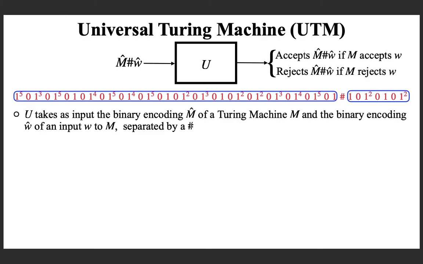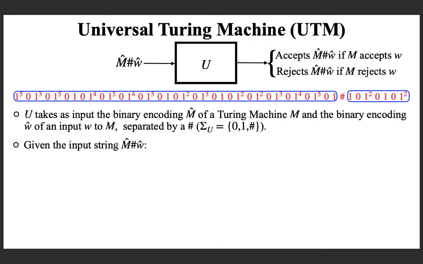So if you look at the input alphabet of U, this is a binary string and this is again a binary string, and they are separated with a hash. So the input alphabet set sigma for U is going to be 0, 1 and hash. These two encode both M and W, and they are separated with a hash.